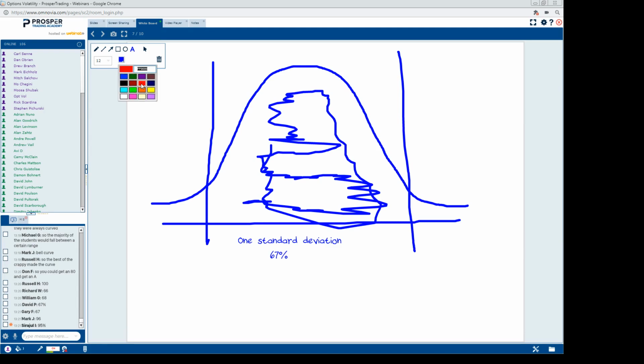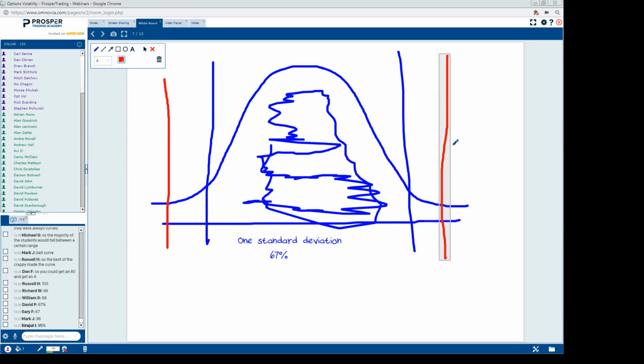Thank you, Sirajul. Let's move that into red. That would then be maybe right about here and here. Sorry, that's a little curved line there. And that would encompass the next roughly 27%.